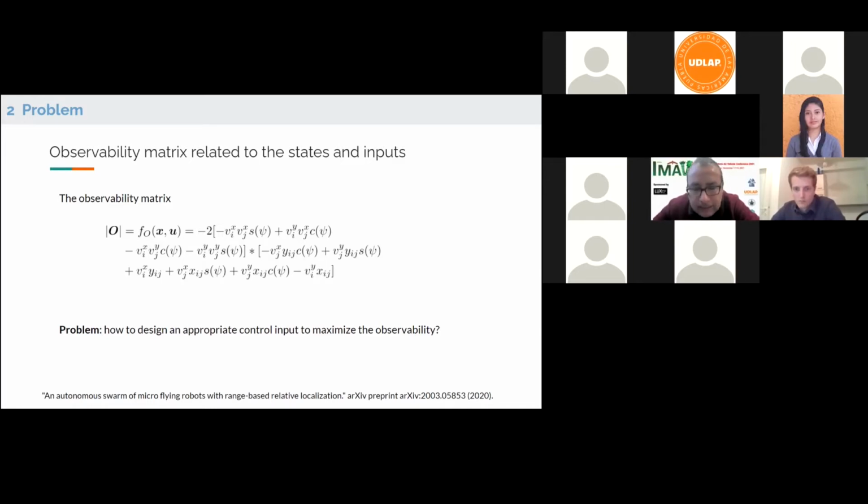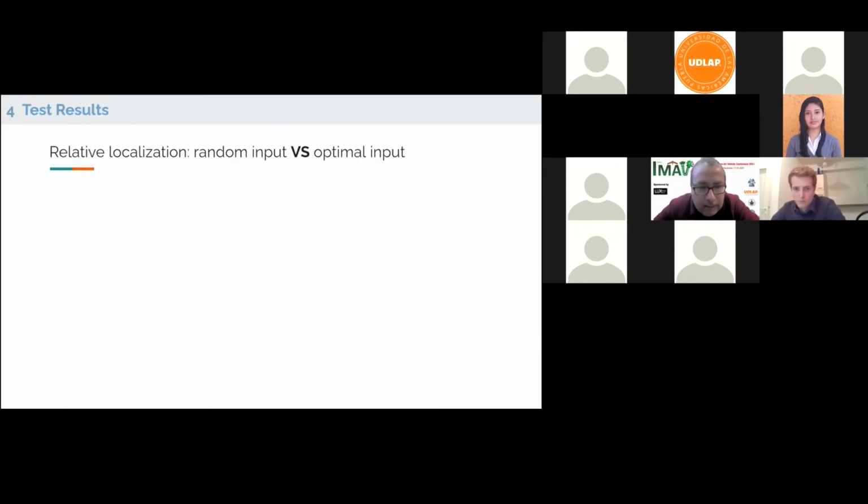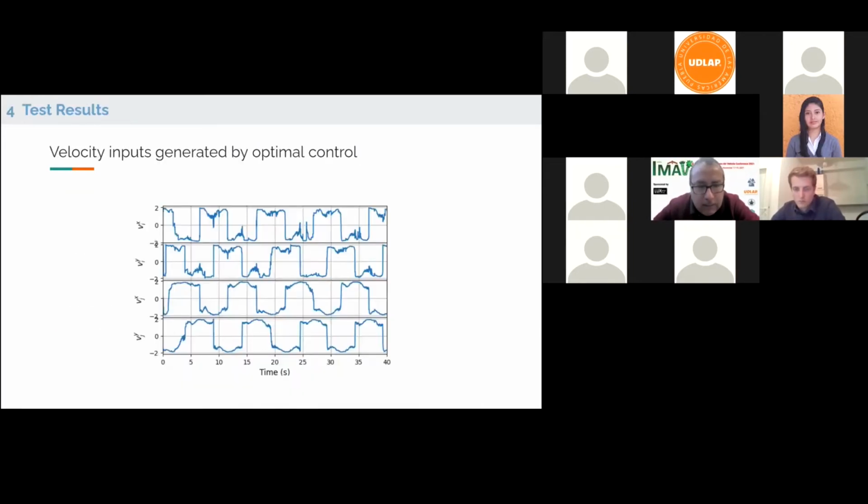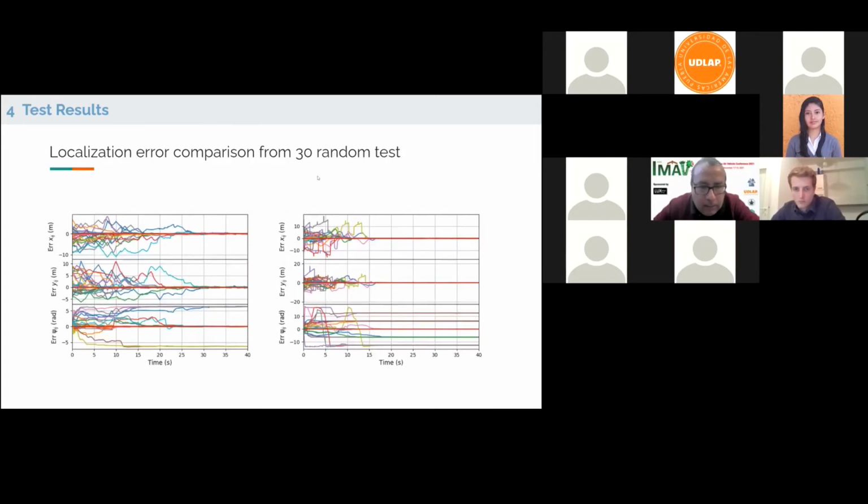Yes. Here are the statistics of the 30 random tests with different initial positions. We can see the average convergence time is between 5 to 10 seconds.